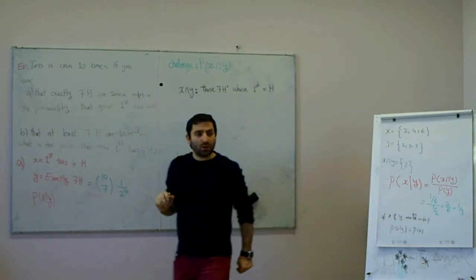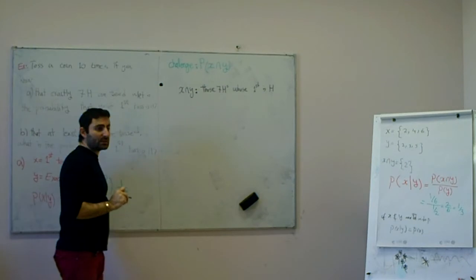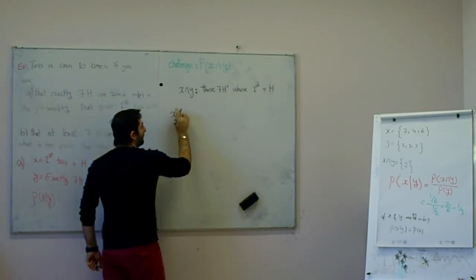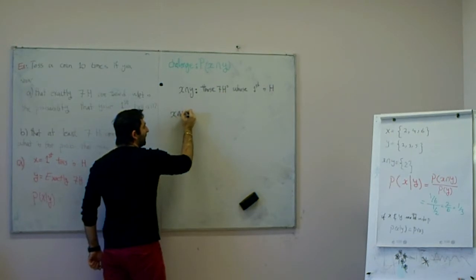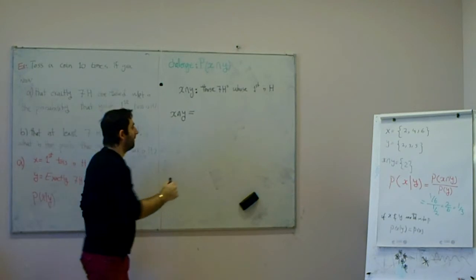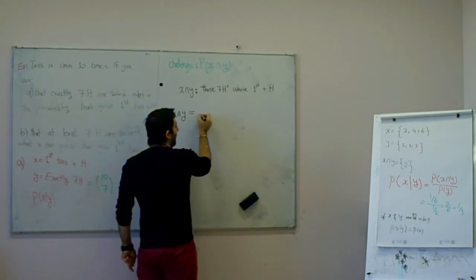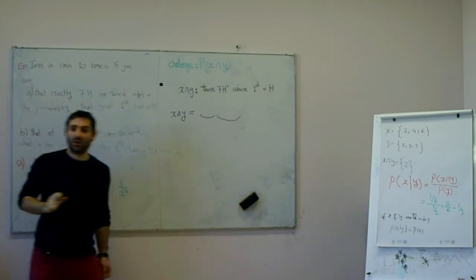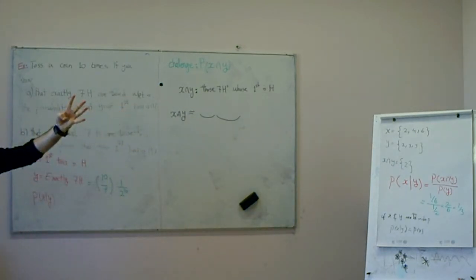In other words, X intersected by Y is, I have 2 locations. Look, I already have 7 locations which has to be head.